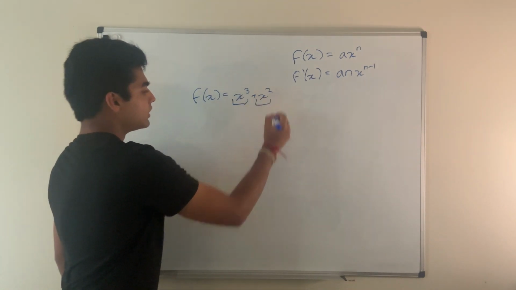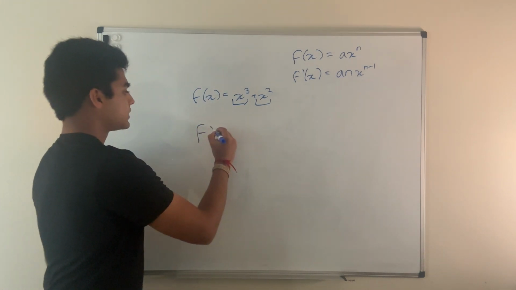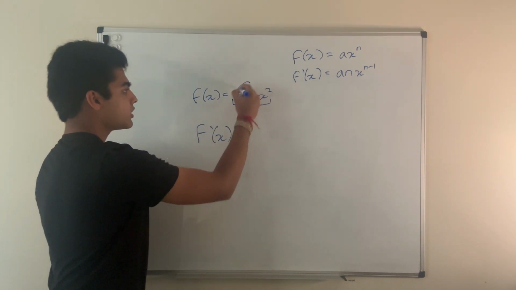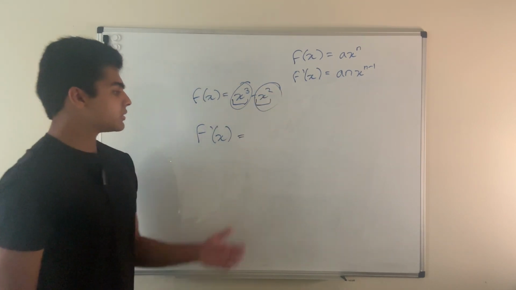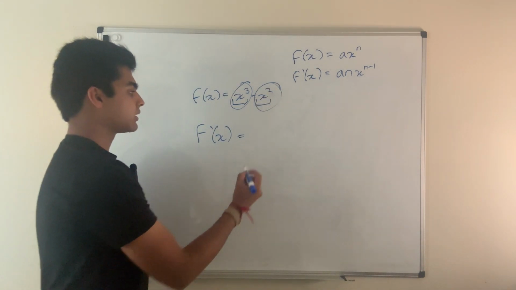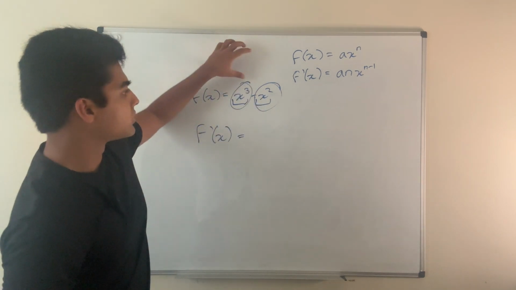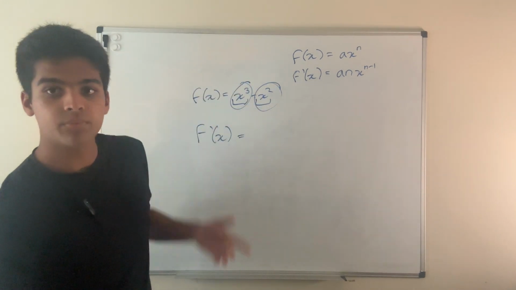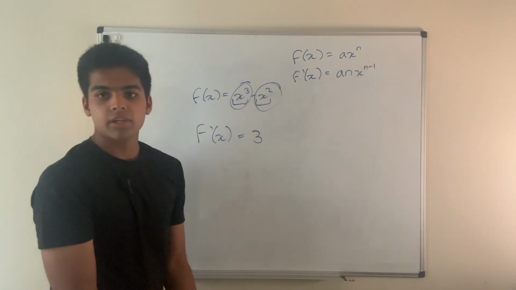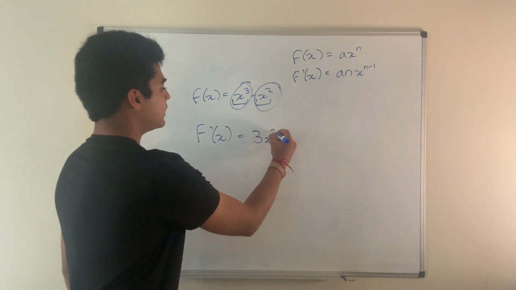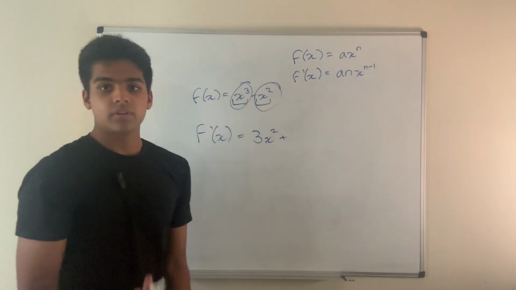In this case, take the derivative of this part and then add it to the derivative of this part. So what is the derivative of x cubed? Well, we would bring the exponent down, so 3, and then subtract 1 from the exponent, so x squared. And then we would add that to whatever the derivative of x squared is.